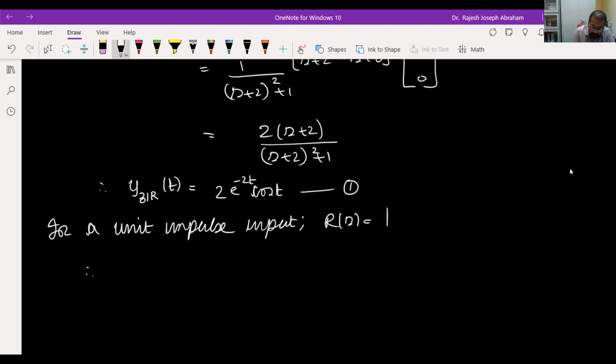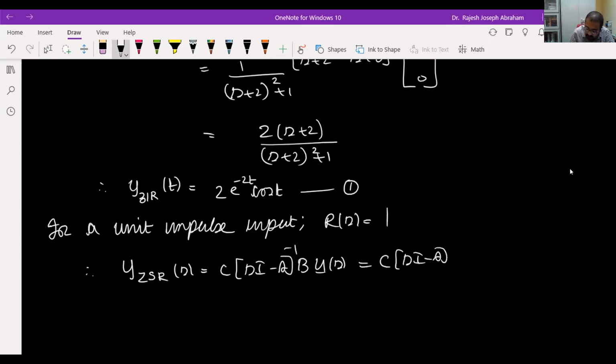So our zero state response in the s domain, what will you get? It will be C into (sI minus A) inverse B U of s. So that means C into (sI minus A) inverse B, because R of s, or U of s, is equal to 1 here.